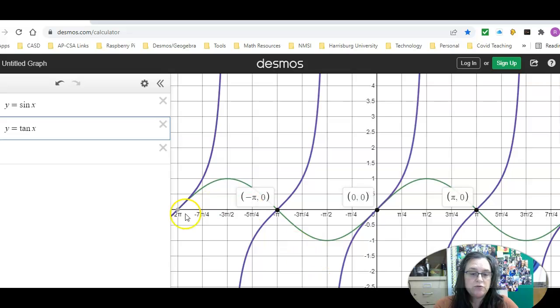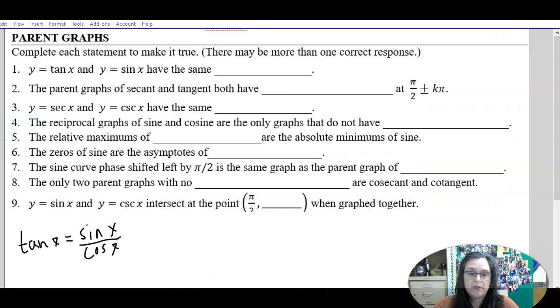So those would be two features that would be in common to both. So tangent and sine have the same zeros and the same y-intercept.